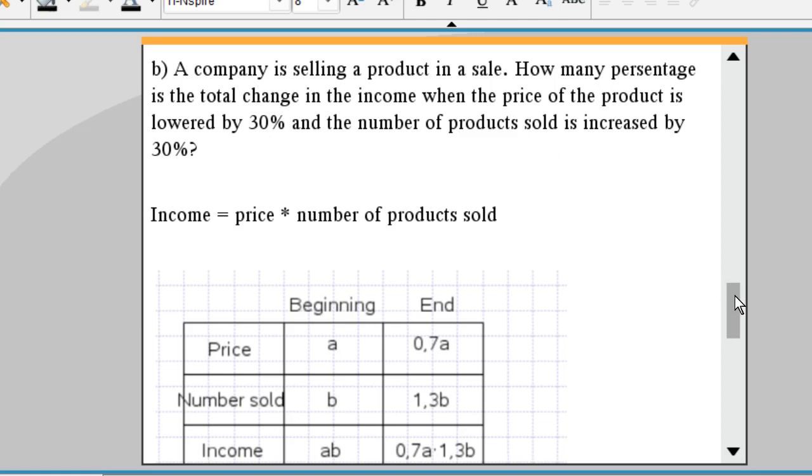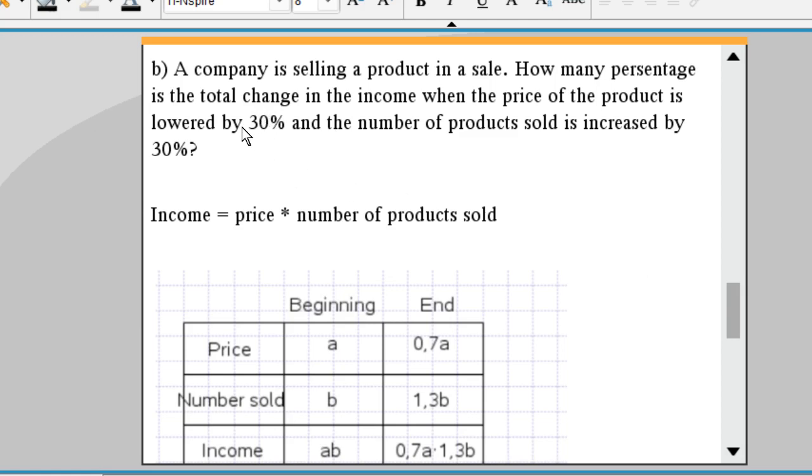And we will see that there is change, because these 30% are calculated from different values. So the lowering of the price actually is more than the increase.